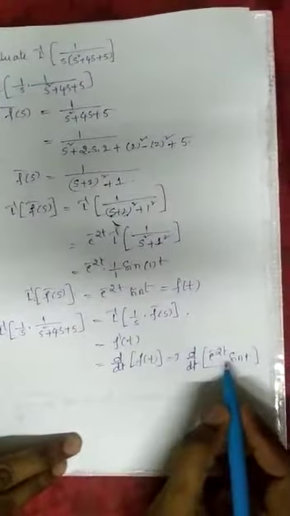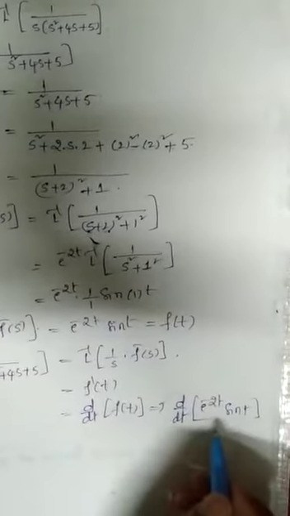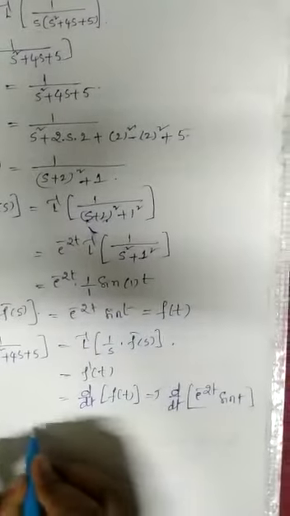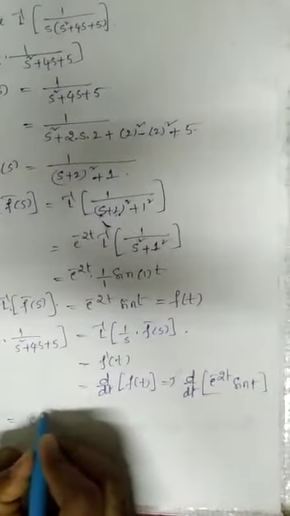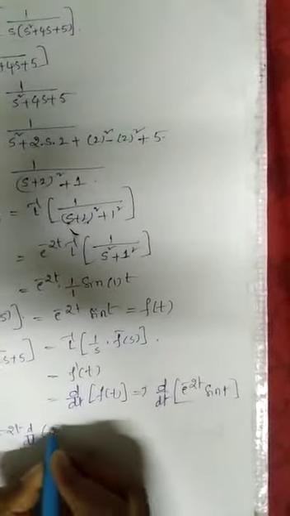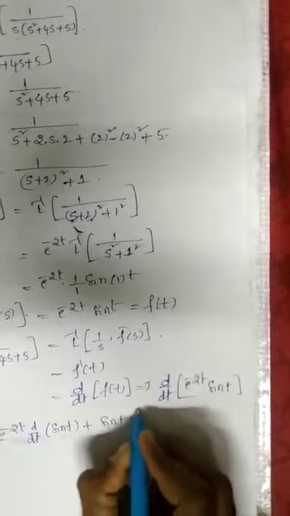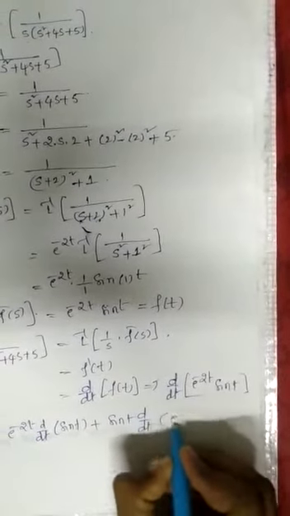Then we use d by dt of this function. How to do it? By using the uv formula: u into d by dt of v plus v into d by dt of u.